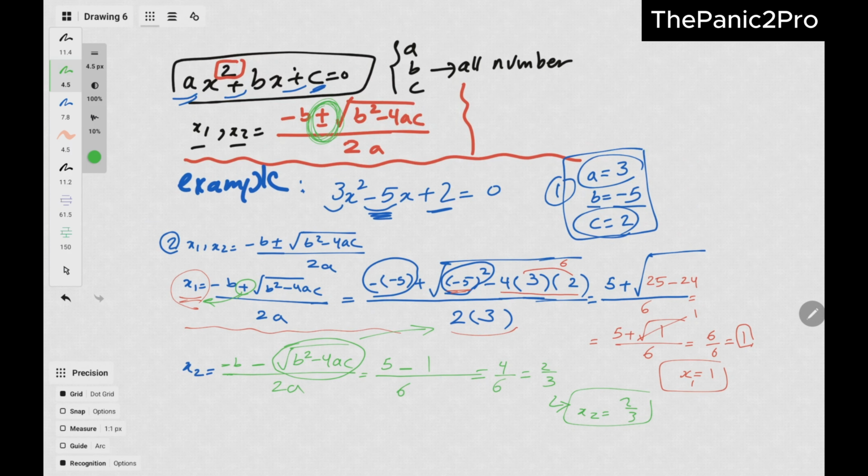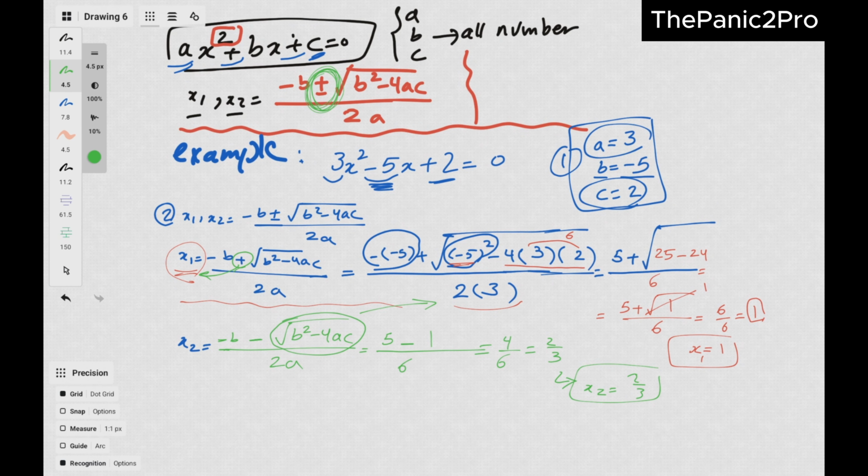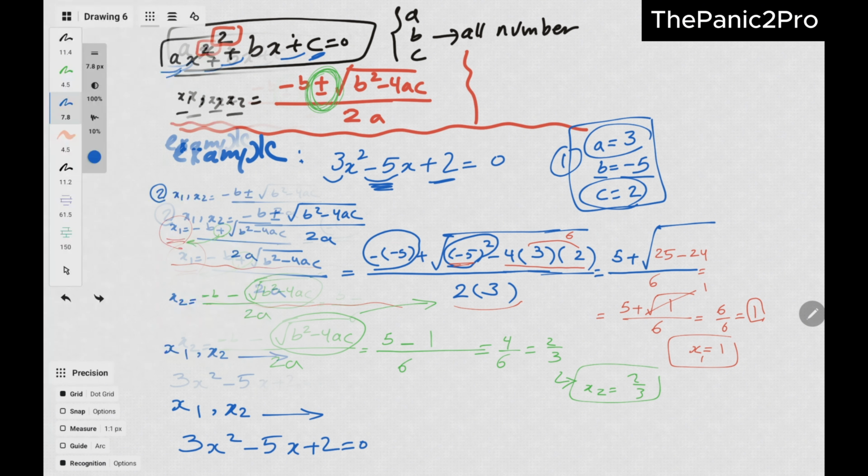Now we have x1 and x2. How can we use them? Because you have the roots x1 and x2, you can rewrite or simplify your equation, which was the example 3x2 minus 5x plus 2 equals 0.